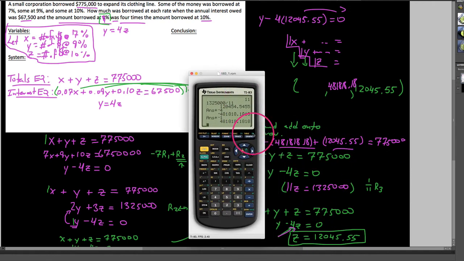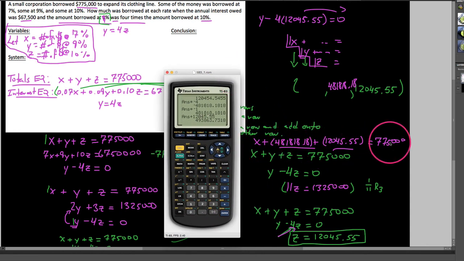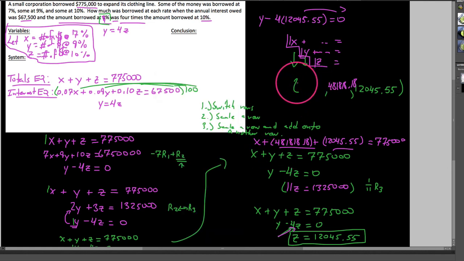I have my 481,818.18 plus 120,454.55. Because I'm saying x plus this number equals 775,000, I subtract this from 775,000, 775,000 minus my last answer here, and I get 172,727.27.